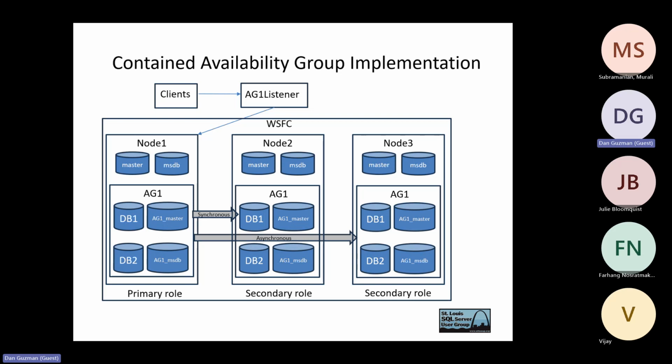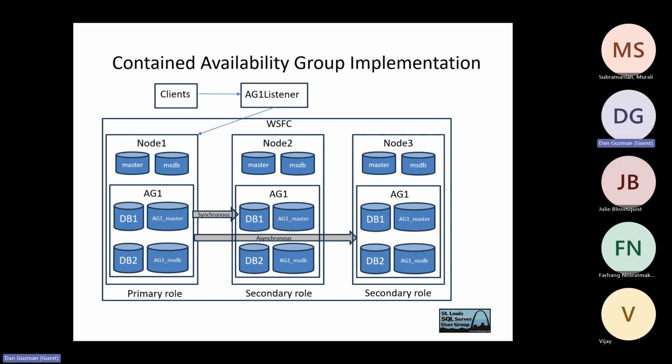But immediately after connecting, if you query master or MSDB, you're only going to see objects that are in the availability group scoped system database. So if you say, for example, select star from sys.databases, you're going to see master and model, but they're actually going to be pointing to the master and model that are in the contained availability group.